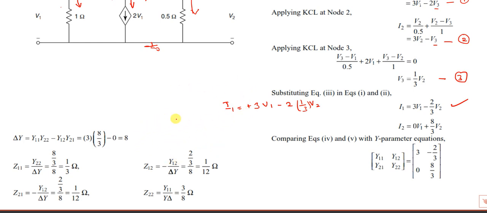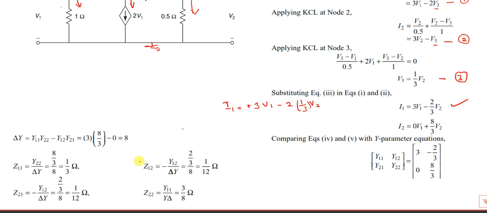Z11 is the opposite: you have to take Y22. Z11 is Y22 by delta Y. Z22 is the opposite, Y11 by delta Y. For Z12 you have to take an extra minus: minus Y12 by delta Y. Similarly Z21 is minus Y21 by delta Y.